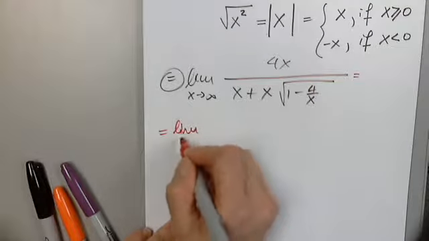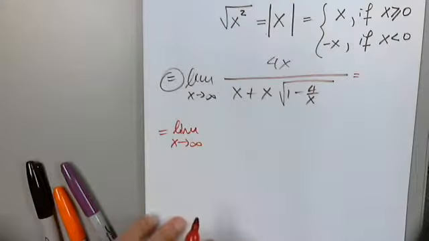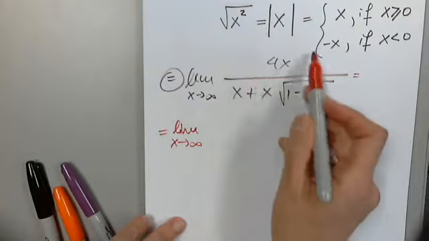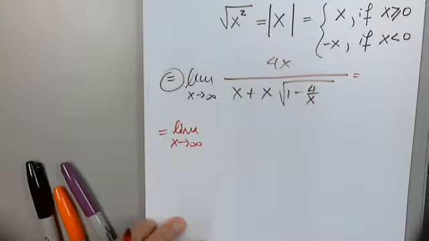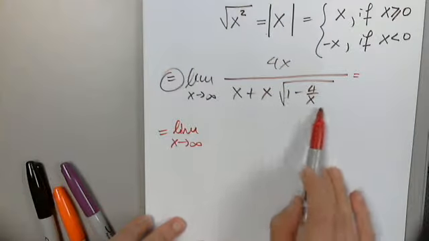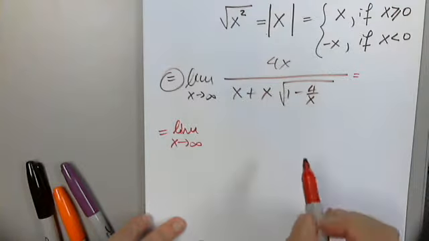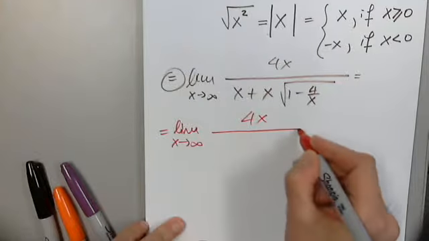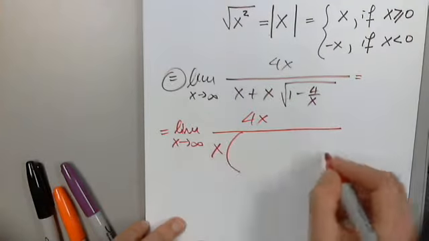Plug it in? No, not yet. I can't. I still have infinity over infinity. What did we do in all the previous examples that I need to do here? Very good. Indeed.